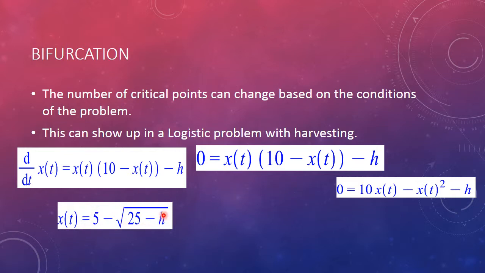Well, depending on what h is, these roots can change, right? So I could make h 25, and then I'd have 5 for a solution, right? But let's say I made h, instead of 25, 26, then I get a negative number here, and I have an imaginary number, and that causes problems.